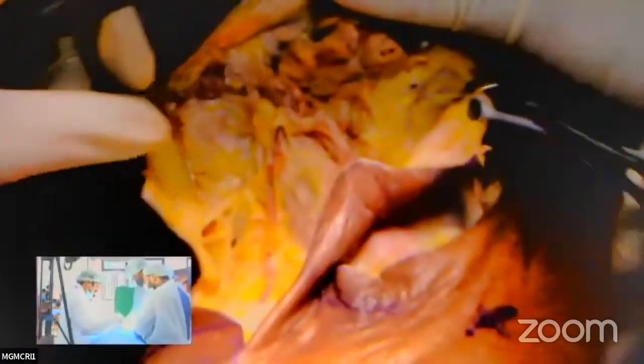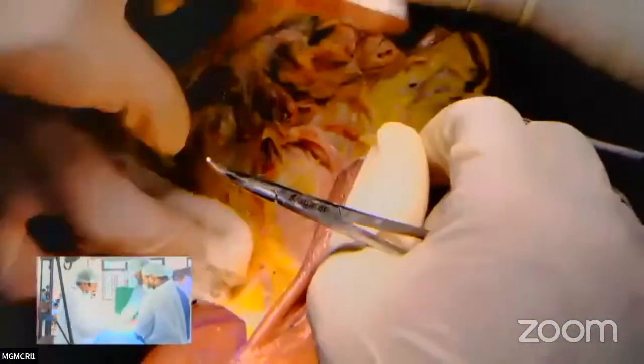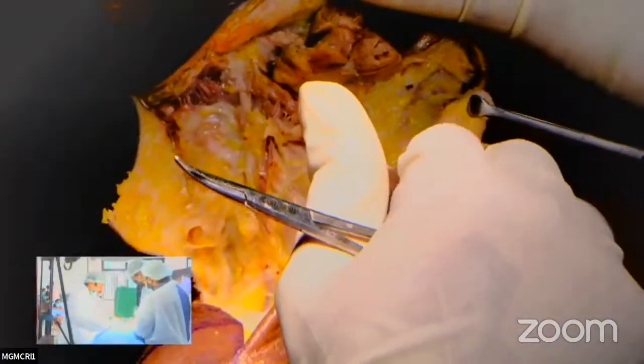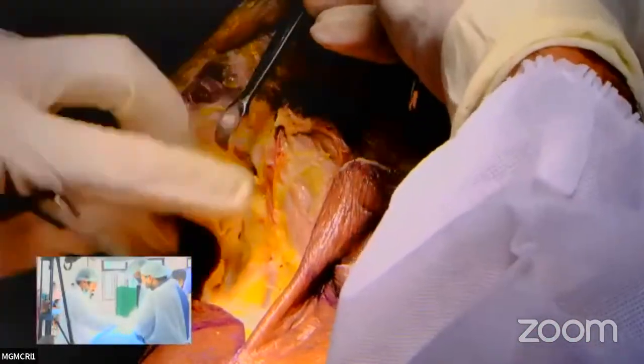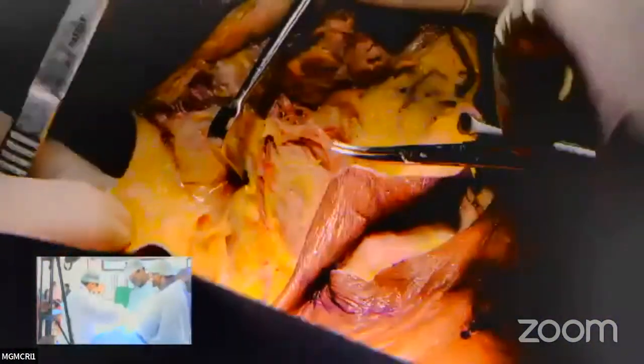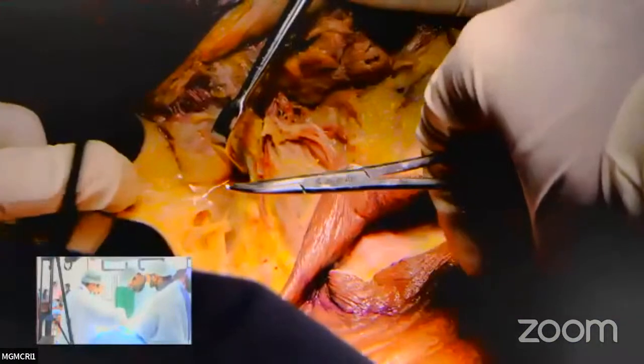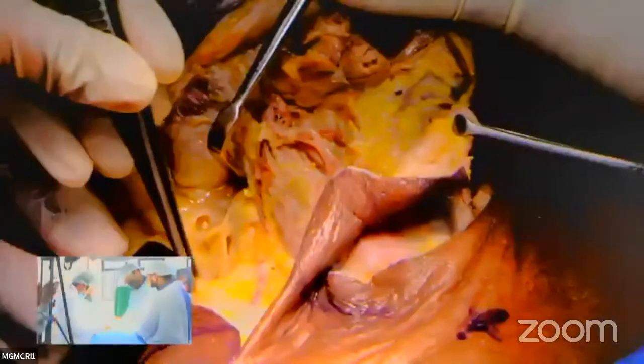You dissect the spinal accessory nerve. When you dissect it, your assistant holds a retractor and keeps the nerve taut gently. Once he keeps the nerve, hold this here. Hold it with your hand. Once you keep the nerve taut, you can dissect it below.